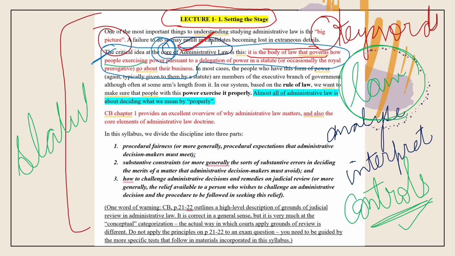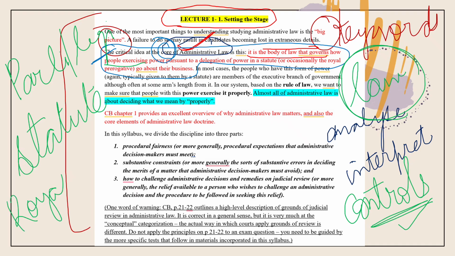In simple language, we call it an act, which is passed by parliament or legislature. Sometimes the second power comes from the royal prerogative, that is, the old executive powers of the crown. Again, I'm emphasizing, you can write down these words, these things in your syllabus, in your notes printout. That would be really helpful for you.